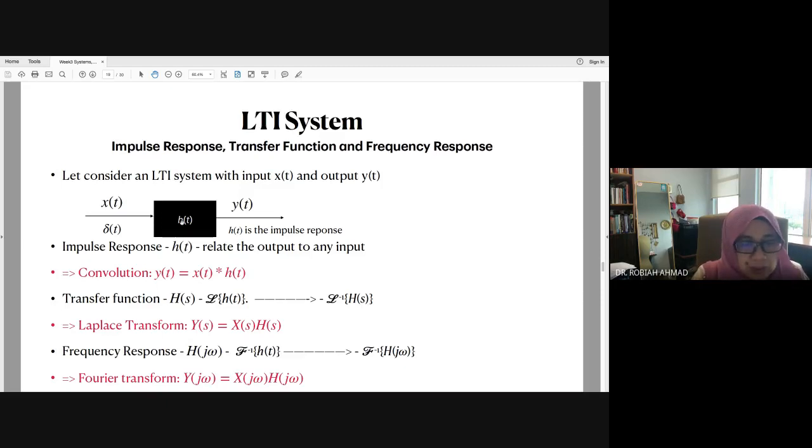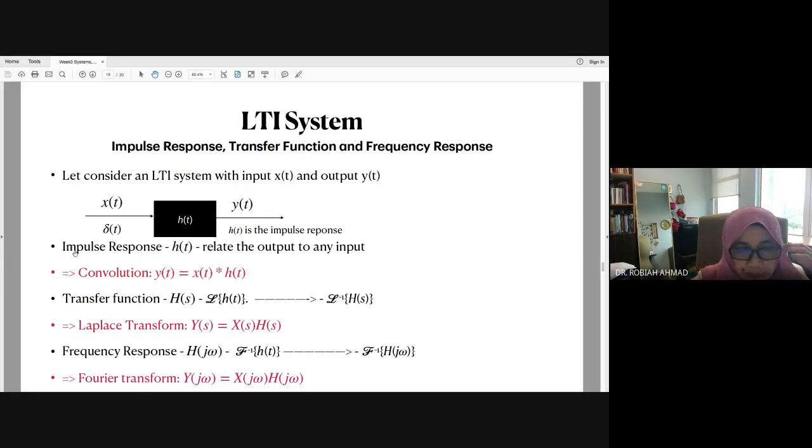So the impulse response h(t) relates the output to any input. So h(t), or we call it the impulse response, actually describes the relationship between the input and the output. So h(t) is very important for us to understand the behavior whatever the input we put in.